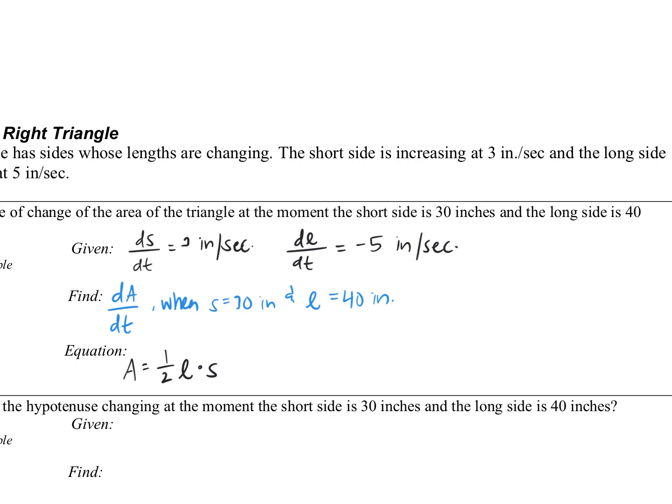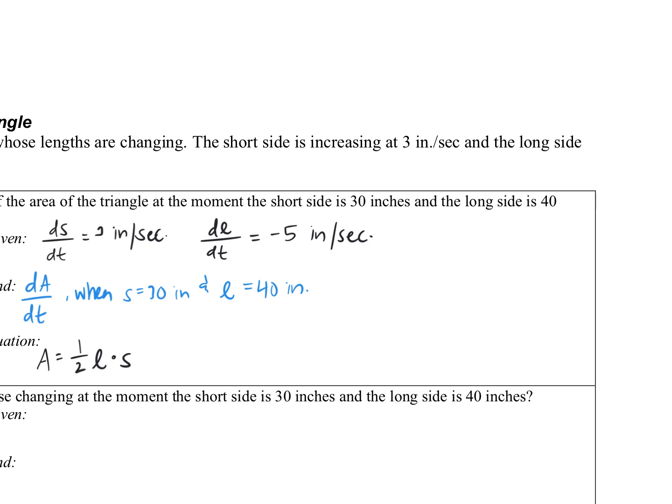So I need to take the derivative of A with respect to t, so dA/dt. How am I going to take the derivative of this? What am I going to have to use? Product rule, right? I've got 1/2 L times S. So I'm going to leave the first one, 1/2 L, times the derivative of the second one.